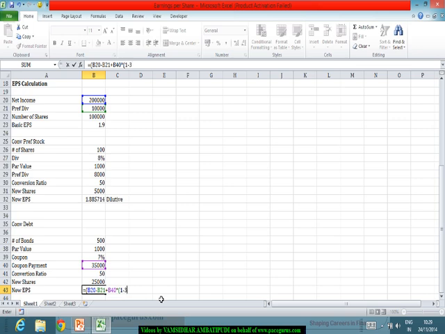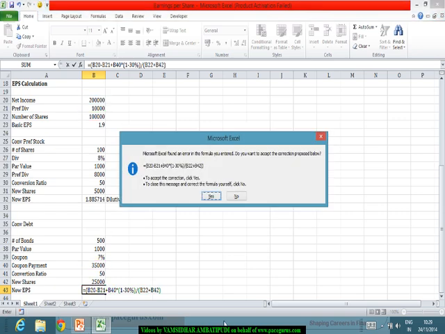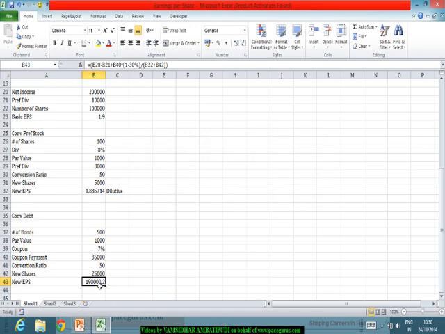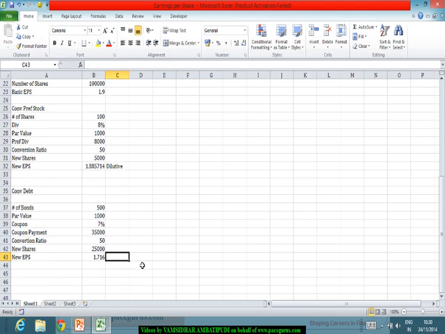So let me assume that the tax rate is 30%. If I am assuming that the tax rate is 30%, the numerator is getting adjusted for that, and the denominator is the number of existing shares plus the number of new shares that are getting created, resulting in the new EPS of only 1.71, which means even this is a dilutive security.